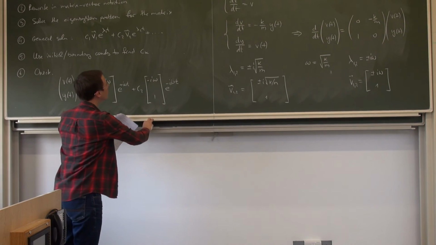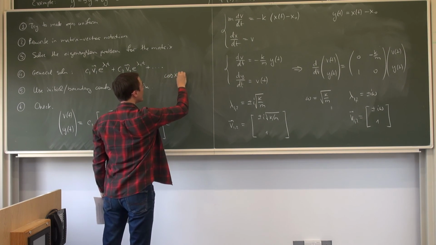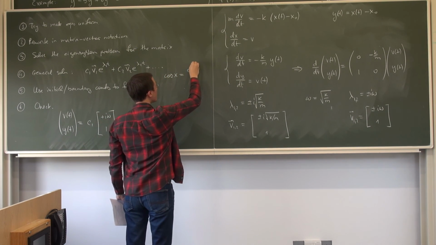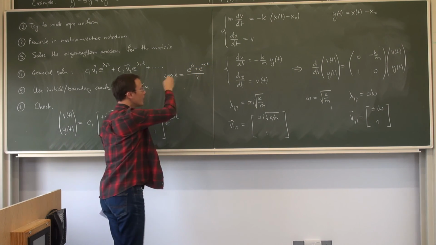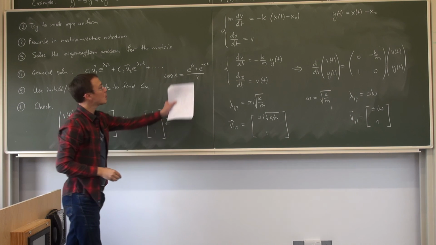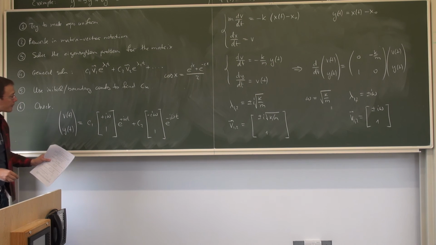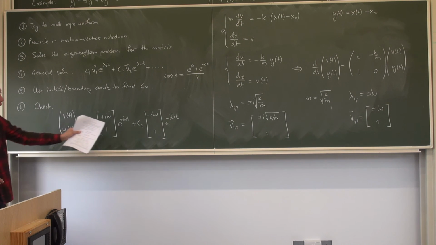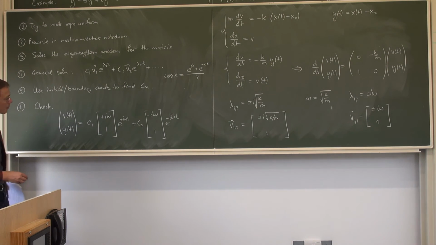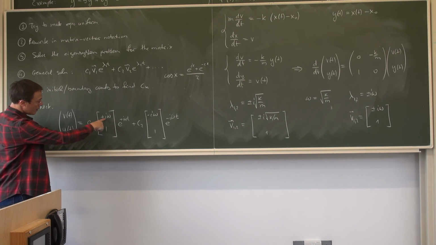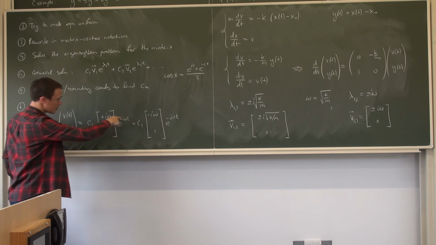Remember what I told you about exponential functions: cosine x was e to the i x plus e to the minus i x over 2, and sine was likewise with a minus over 2i. So notice what is going to happen if our c1 is equal to c2, like our initial condition would describe.